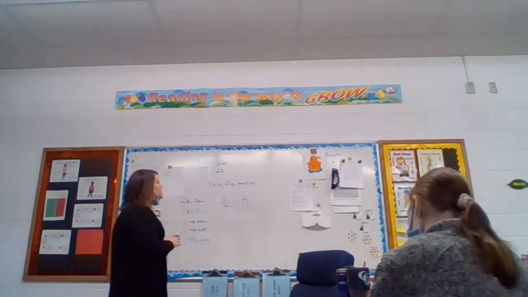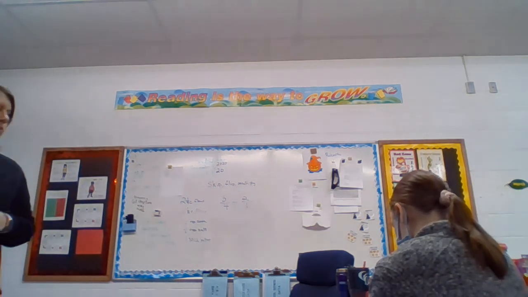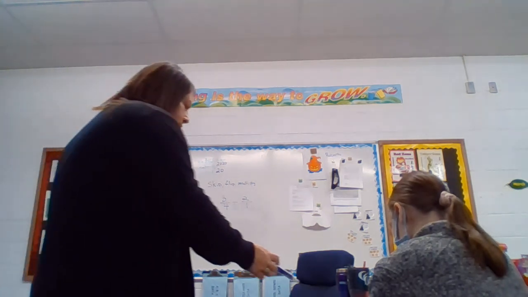So tell me our steps. What are we going to do first? What are we going to do with this number? We don't use it. Right, we just skip it, right? What do we do with this number? Put 1 over 2. So you flip it. Okay, so underneath, I would just rewrite your 3/4. And then you flip that. Very good. Now, what's our last step?